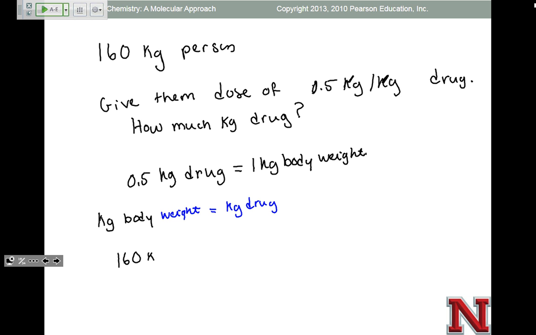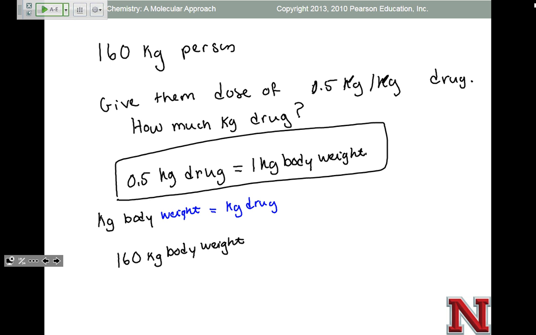So when we're doing this calculation, 160 kilograms, I want to write not just kilograms, but also body weight, because my relationship is this. So when I'm trying to figure out what part of my relationship can be canceled out, I can't cancel out kilogram body weight by kilogram drug. So what has to go at the bottom?